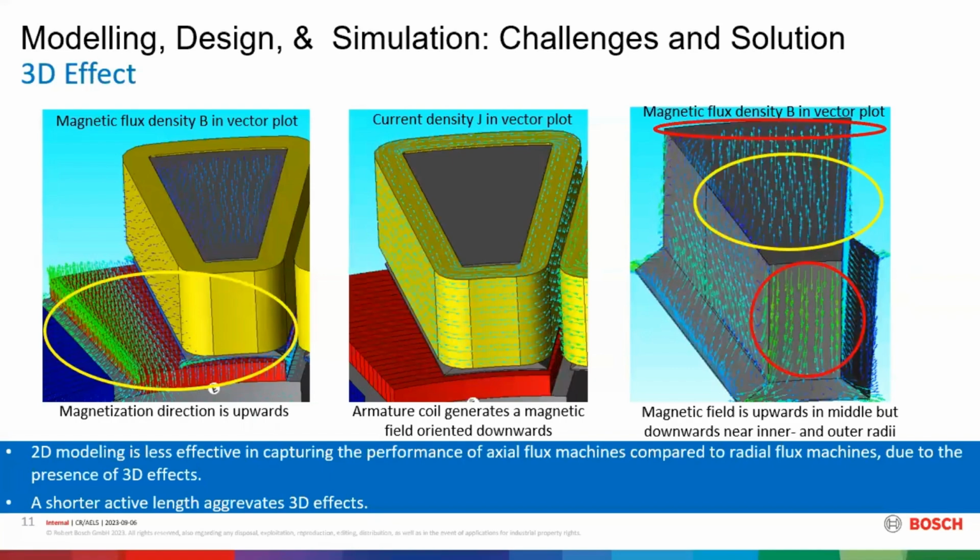So the armature field is pressed by the excitation field, and the flux kind of has to escape in the 3rd dimension. And you have already noticed that the active length of an axial flux machine is quite short. So the assumption of having infinitely long stack length or active length does not hold true in this case.